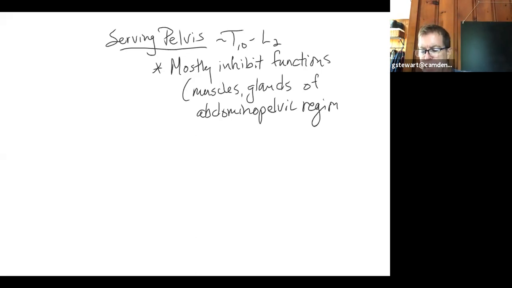Mostly inhibit, not completely. So all of our visceral organs largely are inhibited when the sympathetic nervous system kicks in by the fibers that are coming off of the T10 to L2 region. So that makes sense.